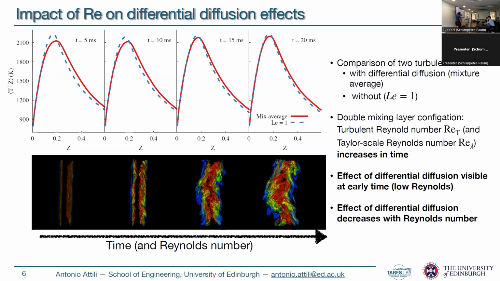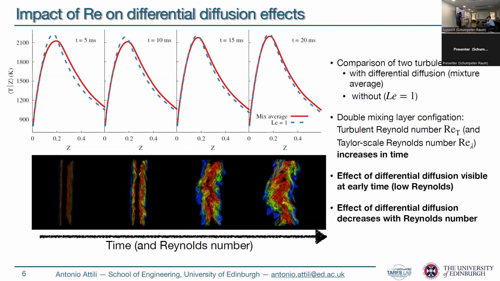And if you look at the statistics of the two cases, red is mixed average, blue is Lewis 1, you can see that at low Reynolds number for early time, these are different while they go on top of each other, okay? Now you see that you need a fairly high Reynolds number to get to the point, right?